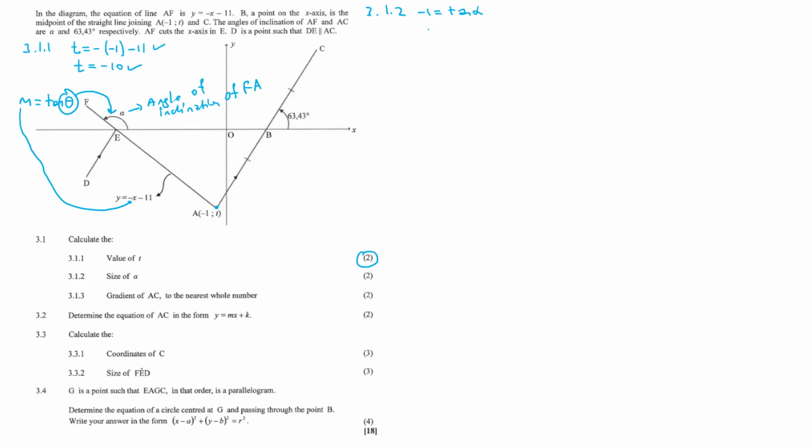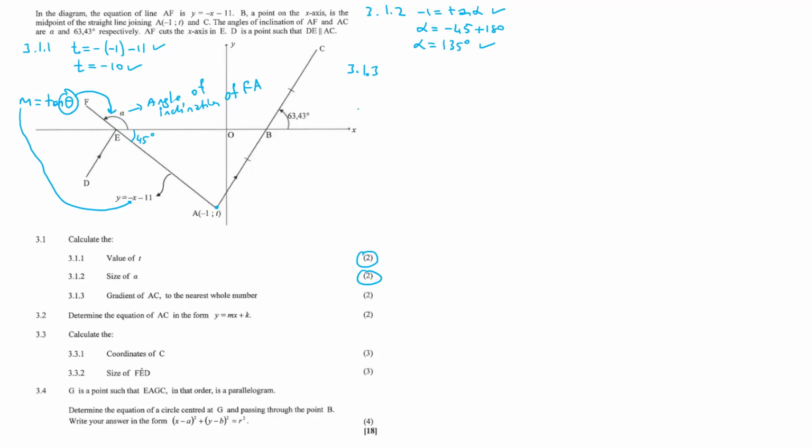If you do shift tan of negative 1 in your calculator, it's going to give you alpha is equal to negative 45. But negative 45 is the direction of the angle. It actually gives you this part of the angle here, which is normally 45 degrees. Since it is below the x-axis, the calculator shows us a negative sign. But we want alpha, which is above the x-axis. Therefore, we need to add 180 to get the positive alpha. So it's going to be 135 degrees. 2 marks. Again, 1 mark for writing down the substitution in the formula, 1 mark for the answer.